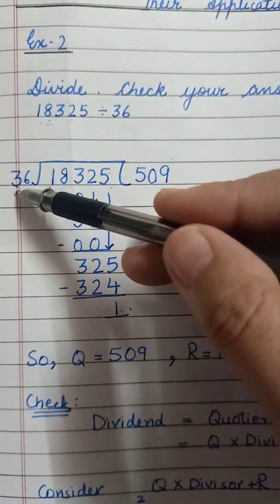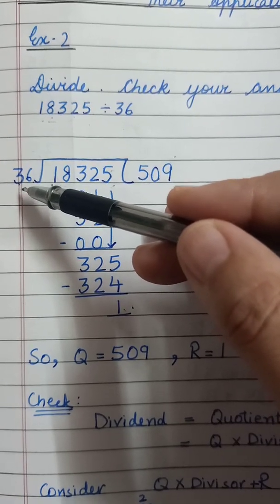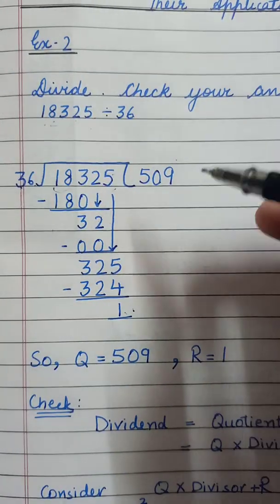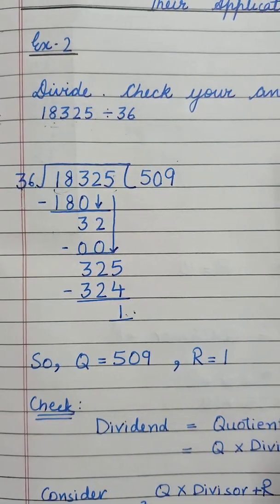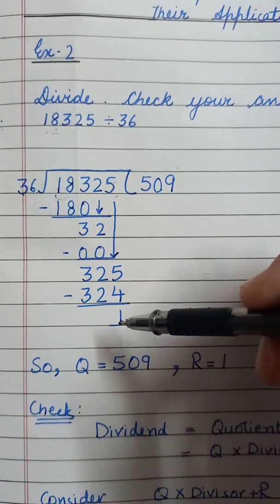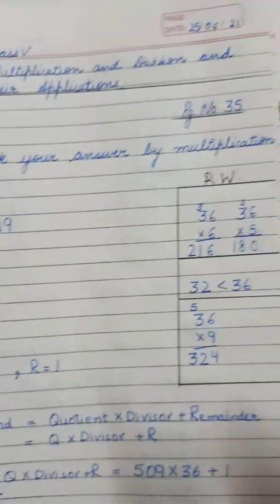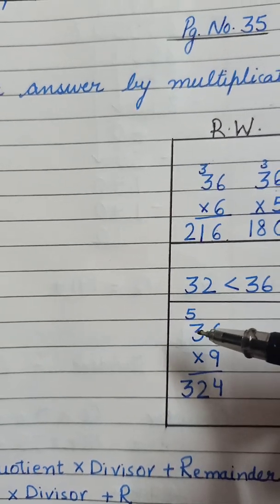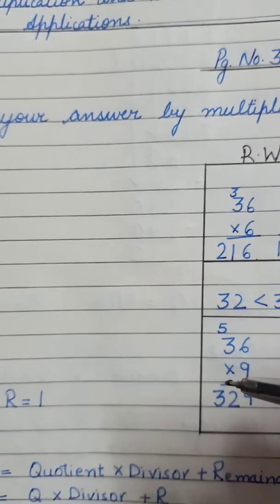So let's see. Now students, you can think that when you multiply 36 by 10, what will you get? 360. That is very easy, right? So what if we multiply 36 by 9? Let's see what we get. When we multiply 36 by 9, we get 324.